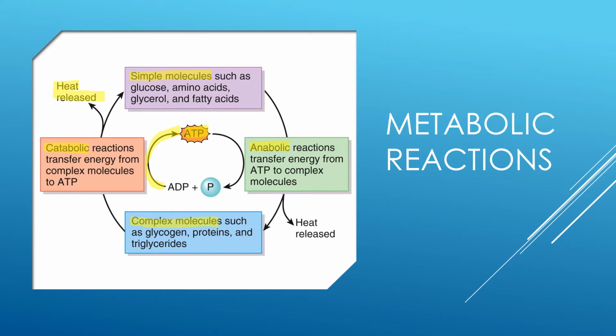ATP is going to provide the energy for this synthesis. So it gives its energy there. And then again, we have some energy released as heat. So this ATP to ADP reaction occurs at the same time that other molecules are going through catabolism or anabolism, so that ATP can provide the energy for them.